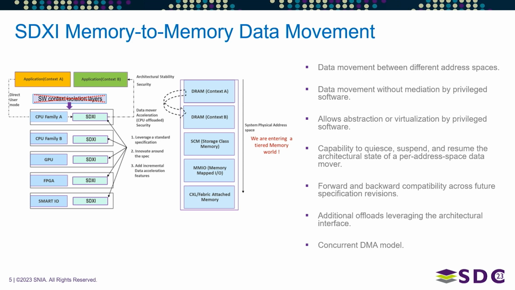We did all of this also keeping in mind that you can abstract and virtualize these interfaces such that you can do live migration of applications from one host to the other host. One of the important things for accelerators is to be able to quiesce and stop and resume the same work in a different host.